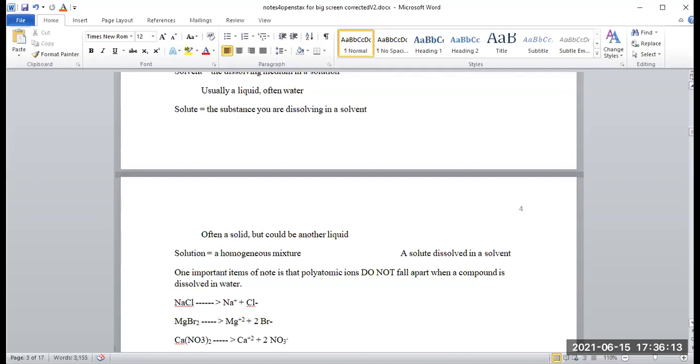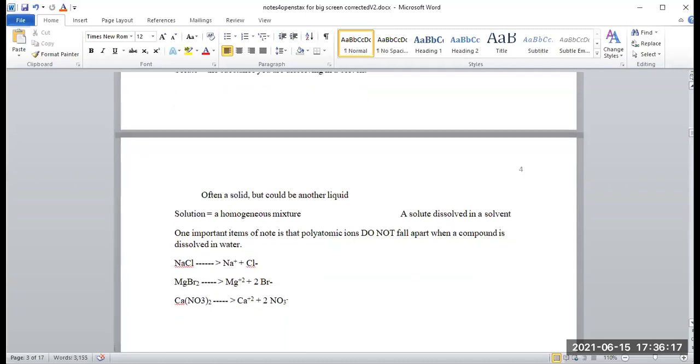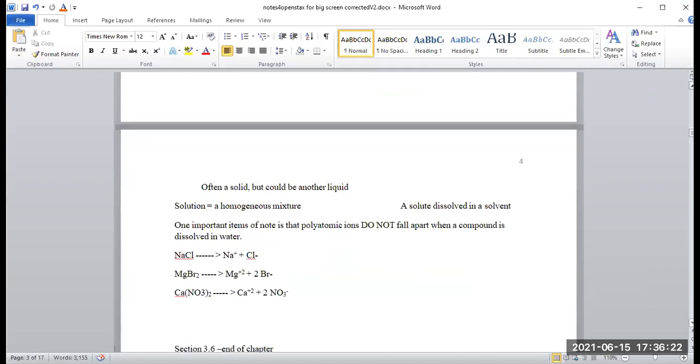So the thing I mentioned toward the end of chapter 3 kind of pops back up again here. As we are making solutions, and we mentioned them when we began to talk about molarity, polyatomic ions, all of those things that are on that table in your textbook, and there's a whole page of them in your lab book, don't fall apart just because you dissolve them in water.